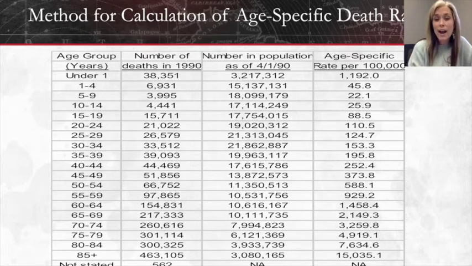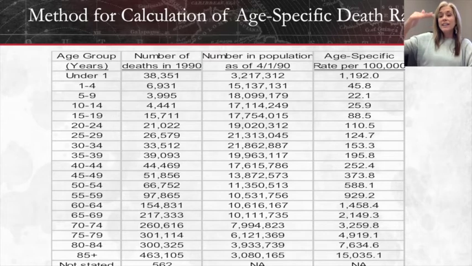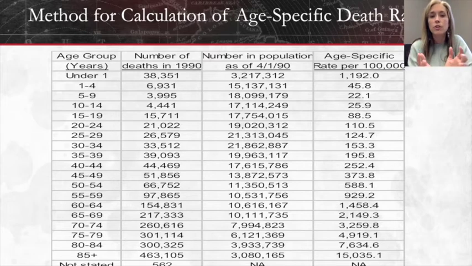And when you solve for X, what you get is 1,192. And so that is the age-specific rate per 100,000 people in that particular population group, which in this case is the under 1 age group.